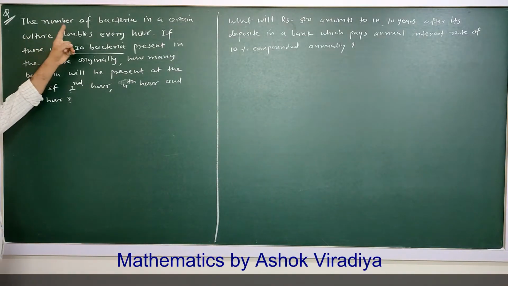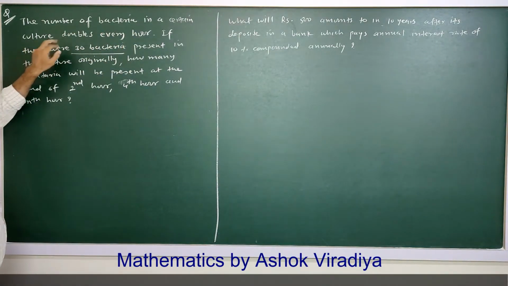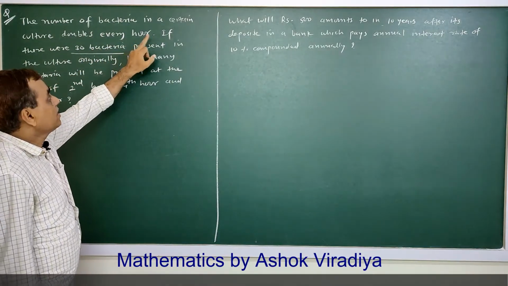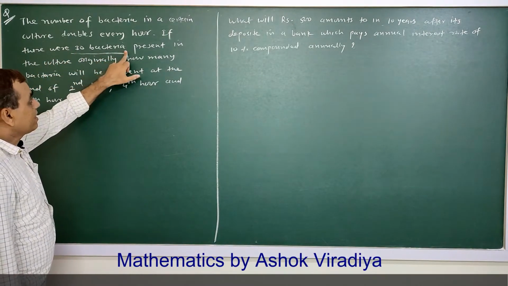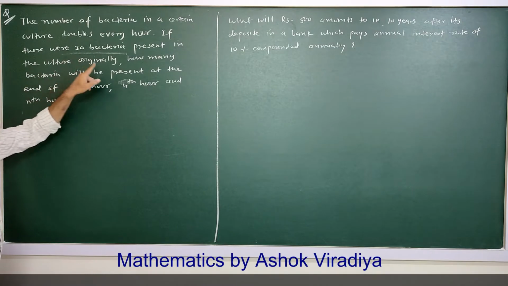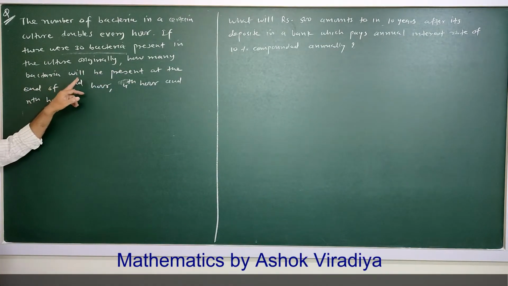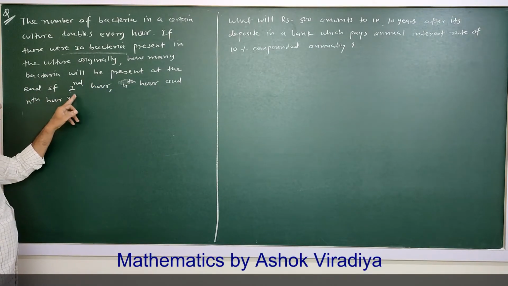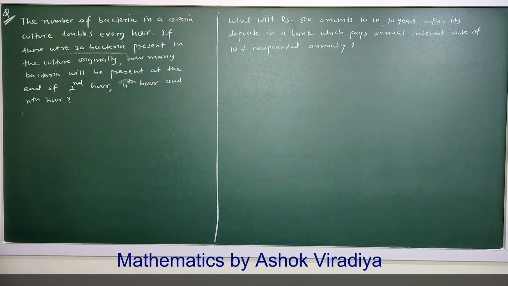The number of bacteria in a certain culture doubles every hour. If there were 30 bacteria present in the culture originally, how many bacteria will be present at the end of second hour, fourth hour and nth hour?